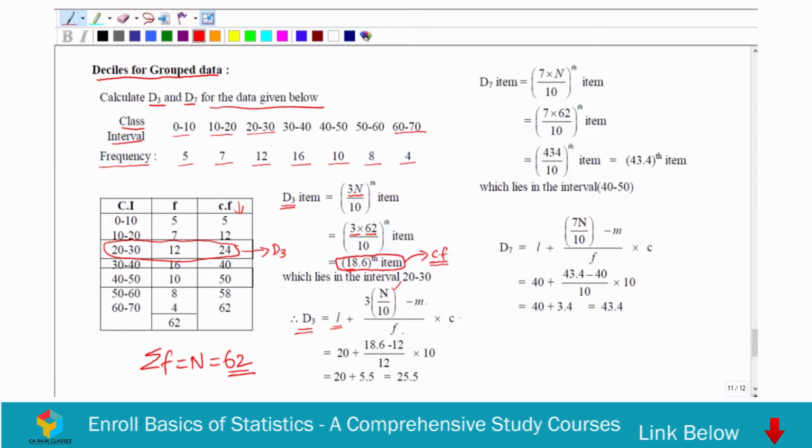What is L? L is the lower limit of the class interval. Here the class interval is 20 to 30, so this 20 is going to be your L. So L is 20 plus 3n by 10, which we have already calculated as 18.6, minus m.